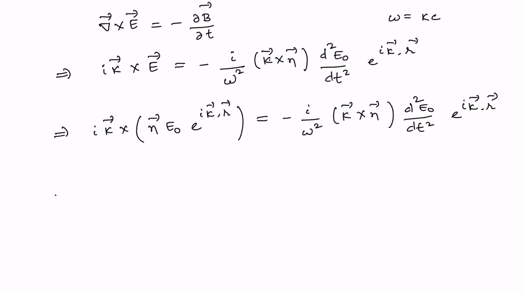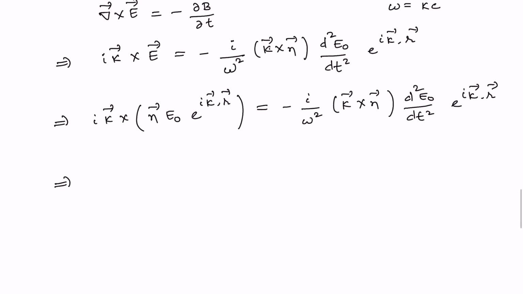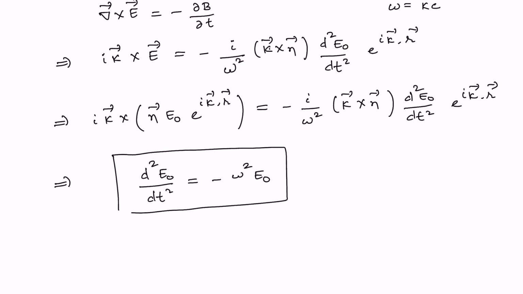And from here, if I compare both sides, I am going to get d²E0/dt² is equal to minus omega square E0. I hope you can see this, because you have K cross E here, eta here, K cross eta here, e to the power i K dot r here, e to the power i K dot r here.